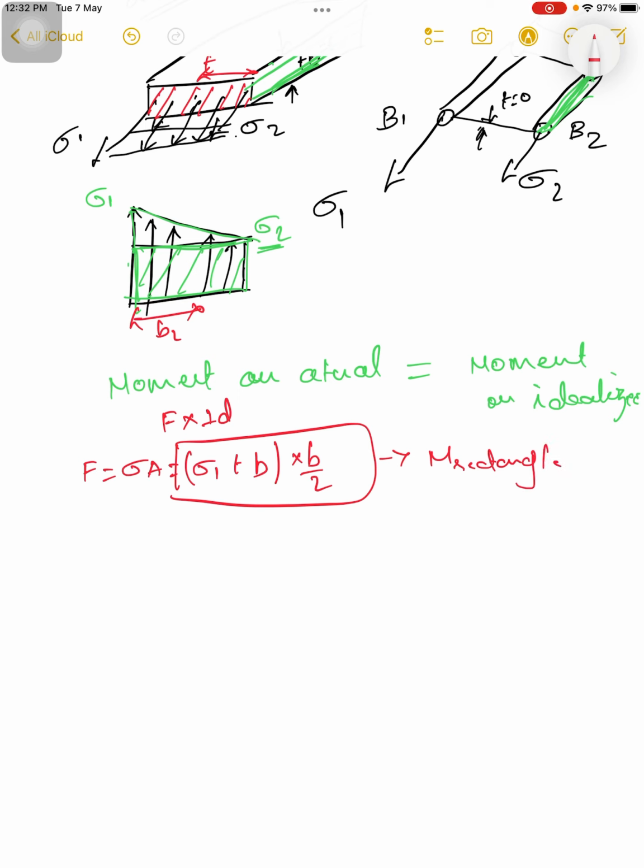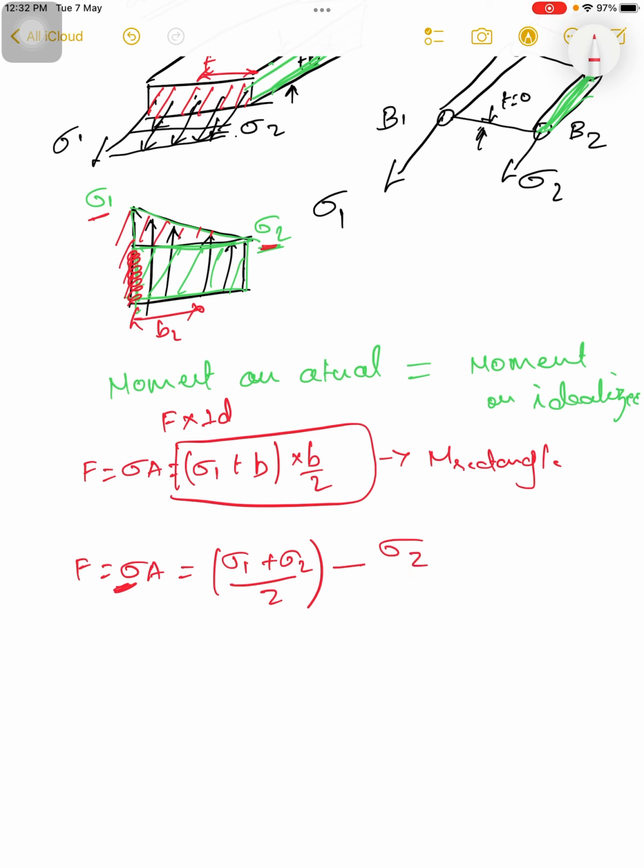Now the moment for the triangle, this region. Here also it is the same manner, but here it is a little bit tricky. Here we have the influence of both sigma 2 and sigma 1. Here the force equals sigma into A, but for this sigma we will take the average stress first, sigma 1 plus sigma 2 divided by 2, and then we subtract the sigma 2 value.